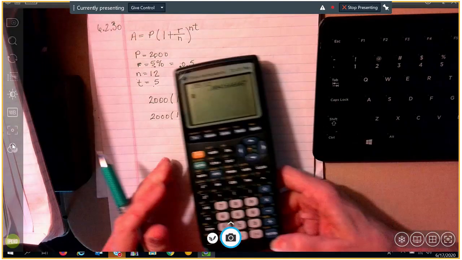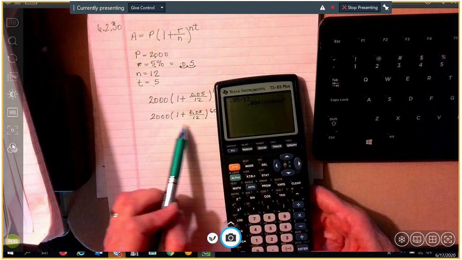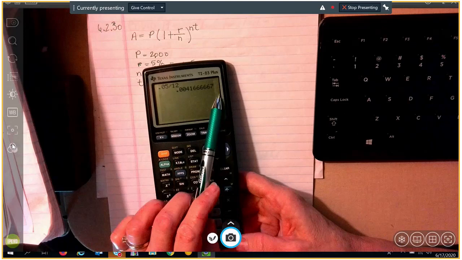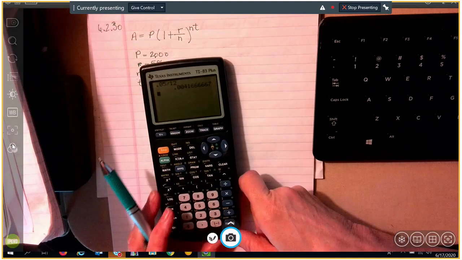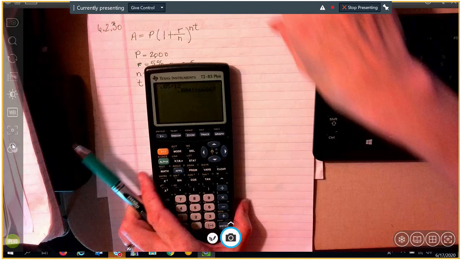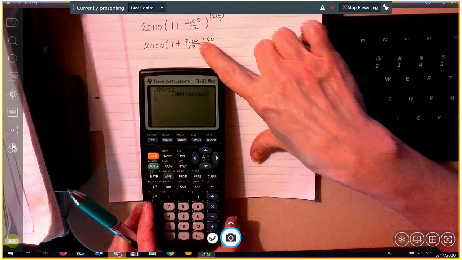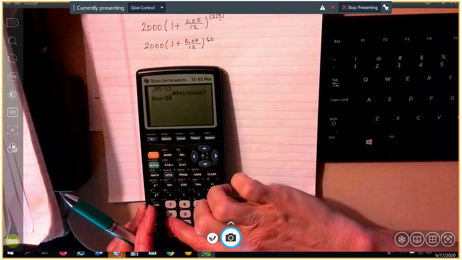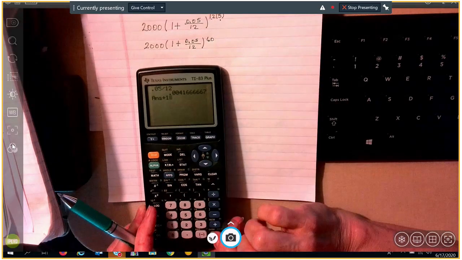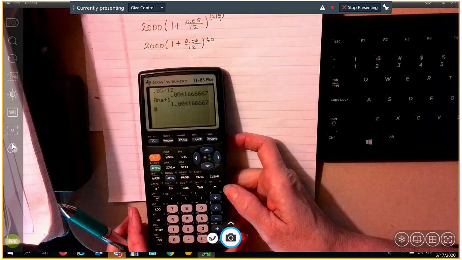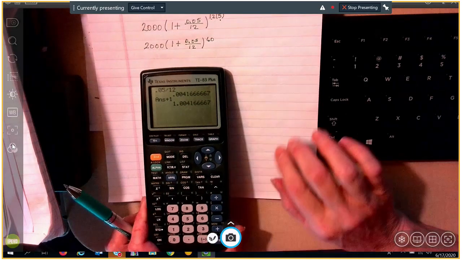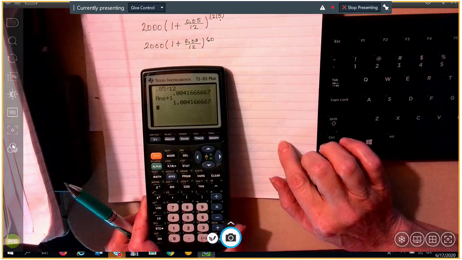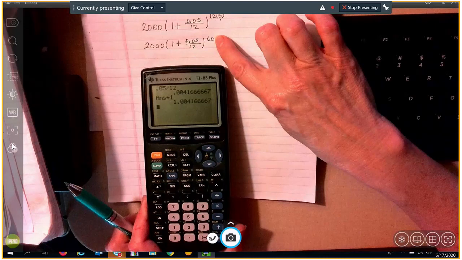Now, let's come back to where I did 0.05 divided by 12. As you can see in my calculator, it's this long number. So I'm going to take this long number, which is in my calculator, and I'm going to add 1 to that. Hit enter. And you can see it's still rounded. Now, according to PEMDAS, what am I going to do? Parentheses, exponent. So that means I'm going to raise this to the 60th power.